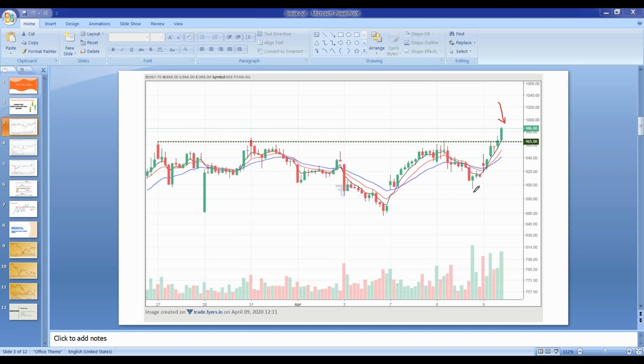Now if you see what is happening in this chart, at this candle, the wick is on the lower side, and the volume is also higher compared to the recent volumes. These are the recent volumes, and the wick is on the lower side.